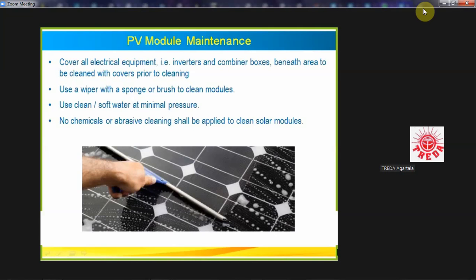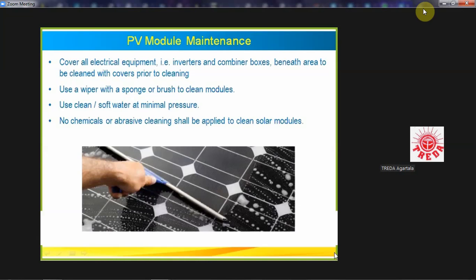And if it is not possible and it is done during the day, then you have to cover the module, that means you have to make some artificial shade over the module. Then you can clean the module, and it will be better.